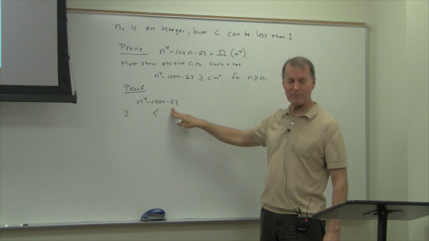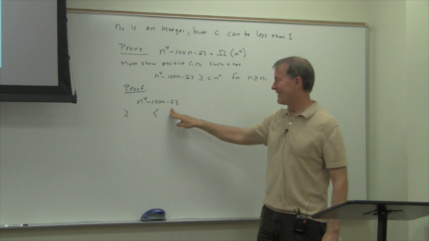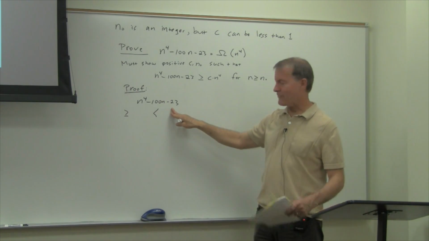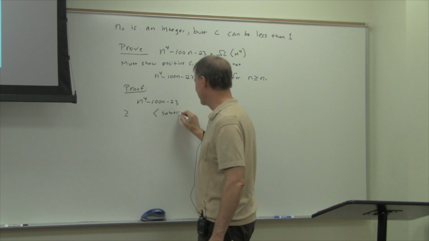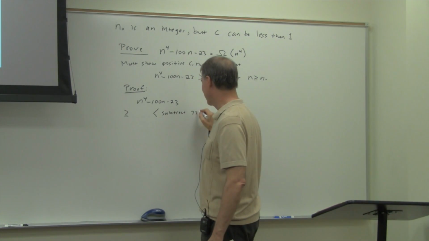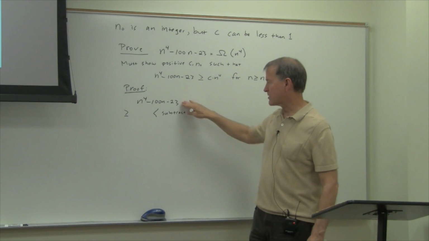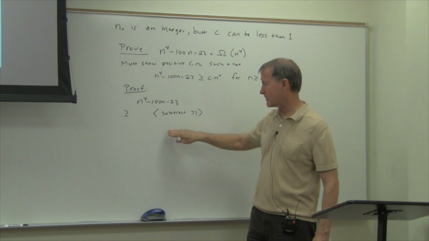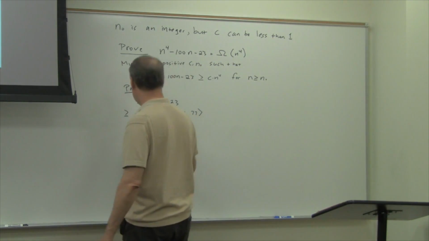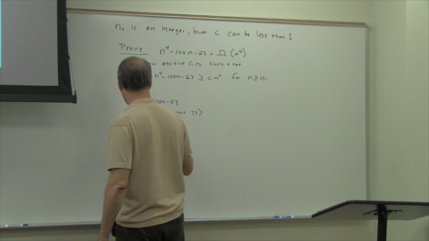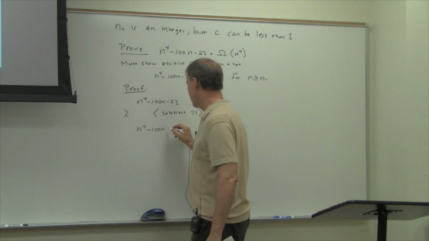Now this might seem like I'm pulling a rabbit out of a hat, and in fact I am. I'm going to subtract 77. All right? Do you agree that if I subtract 77 from this, this will be greater than or equal to this? Well, if I subtract 77 from this, what do I get? n to the fourth minus 100n minus 100.